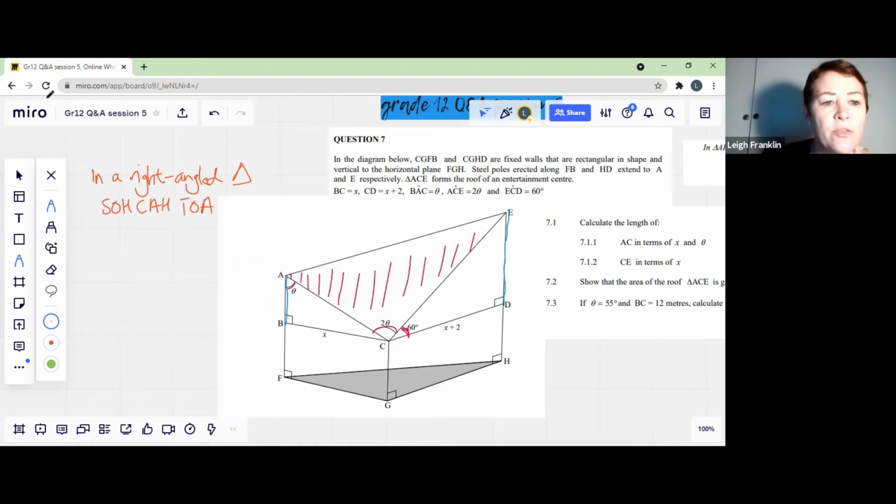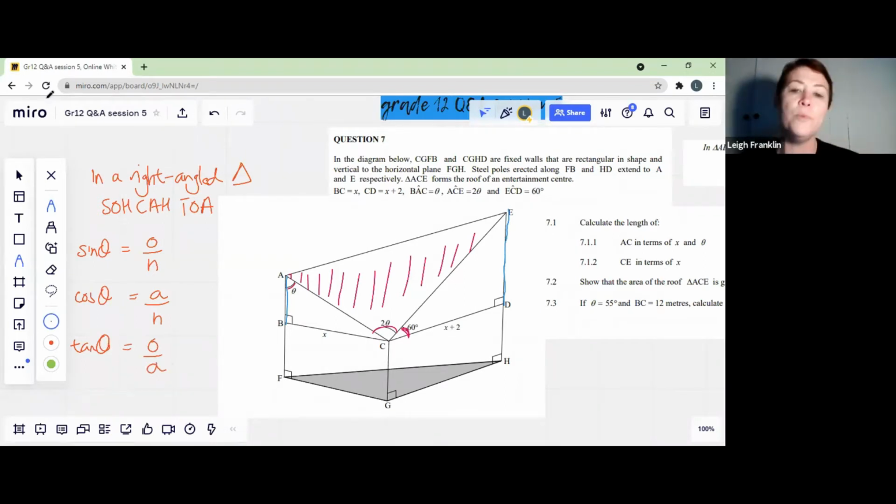In other words, the sine of the angle is equal to opposite over hypotenuse, the cos of the angle is equal to adjacent over hypotenuse, and the tan of the angle is equal to opposite over adjacent. Those formulae are not given to you on your matric formula sheet because they expect you to know them off by heart. So if a triangle is right-angled, we always use SOHCAHTOA.